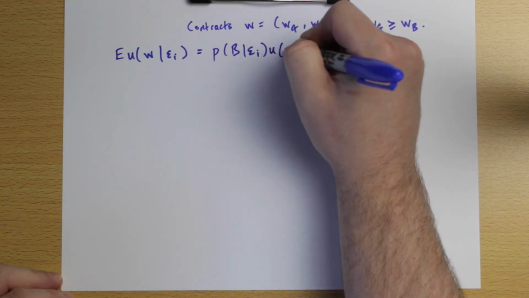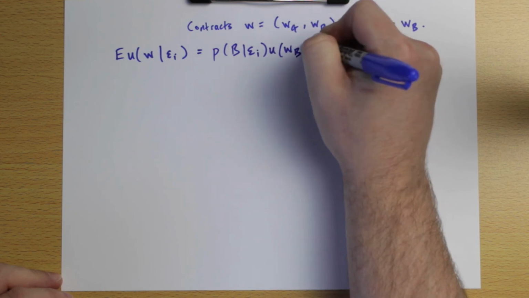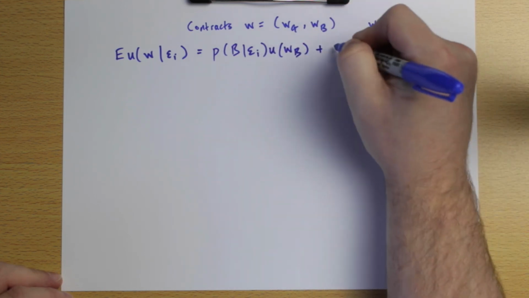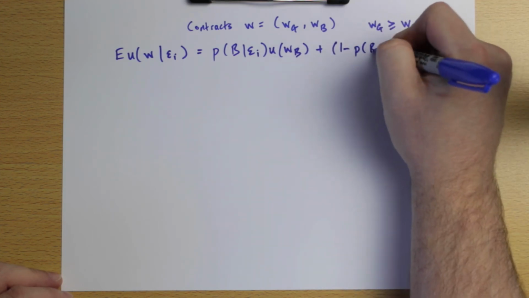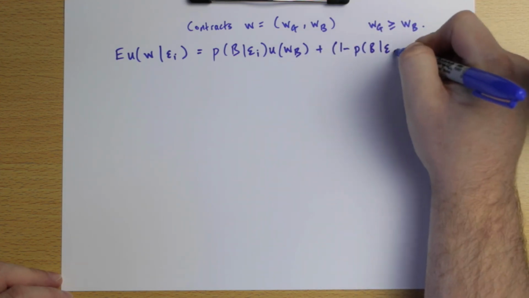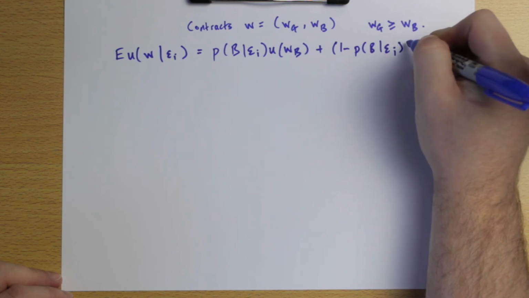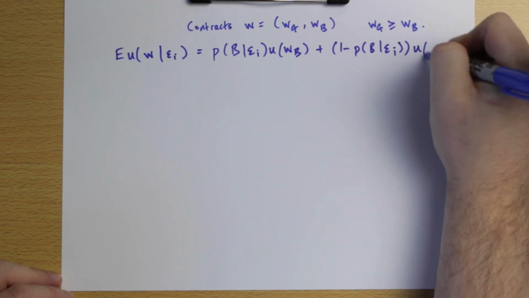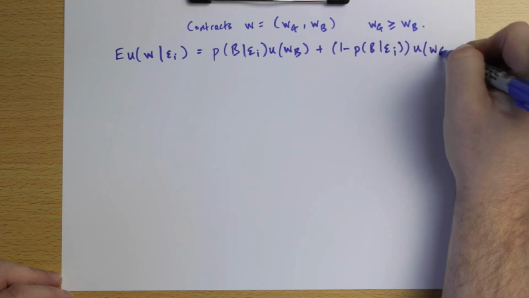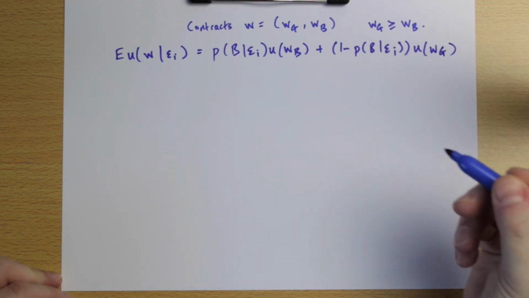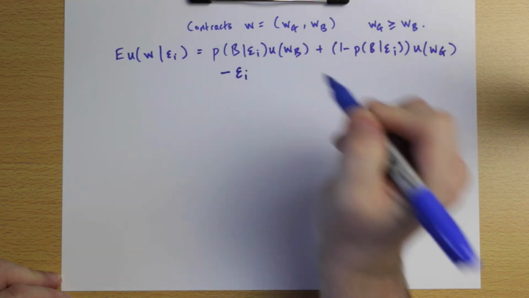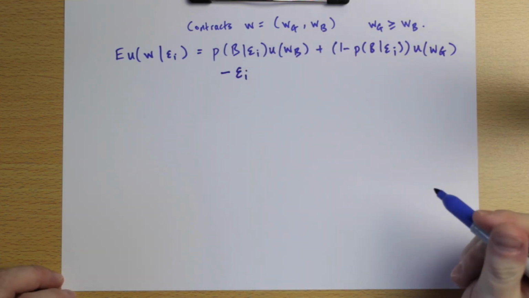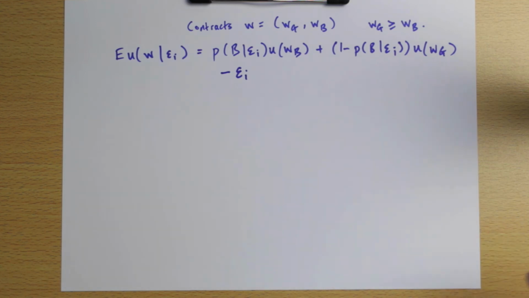Multiply this by the utility of the wage in the bad state. And then we do the same for the good state. So 1 minus the probability of the bad state conditional on the level of effort epsilon I, multiplied by the utility of the wage in the good state. And then from this, we deduct epsilon I. So essentially, we're going to use epsilon I as notation in two ways.